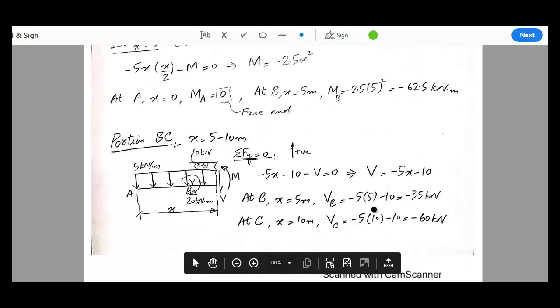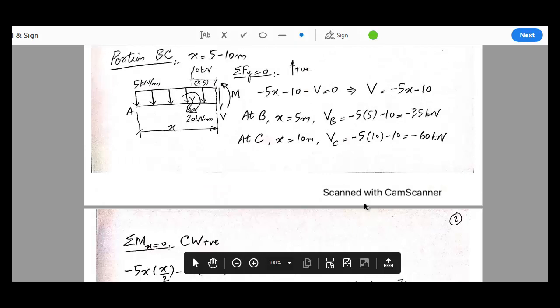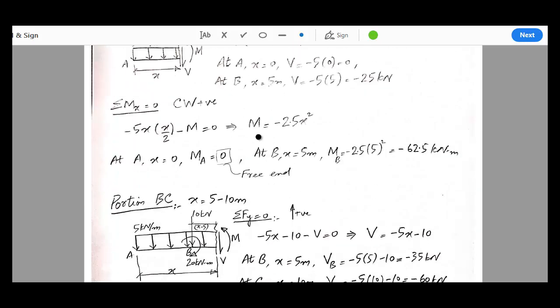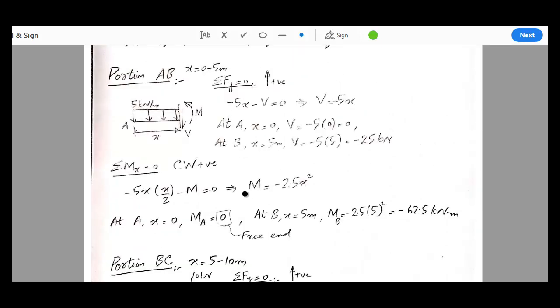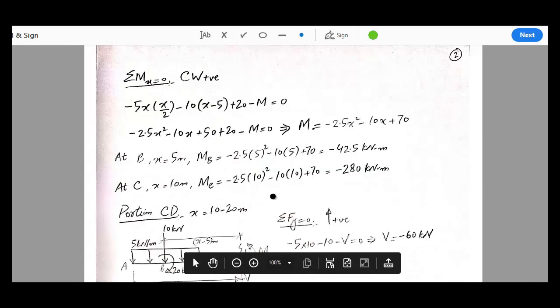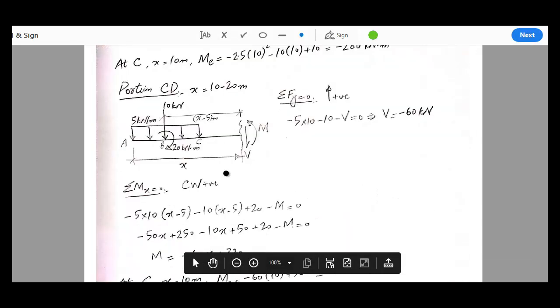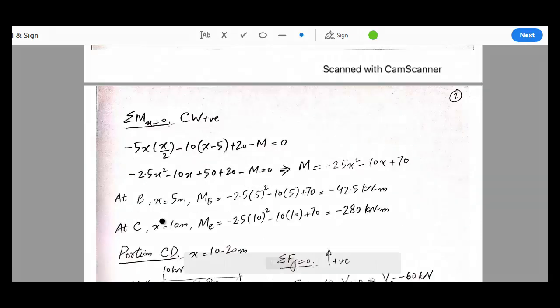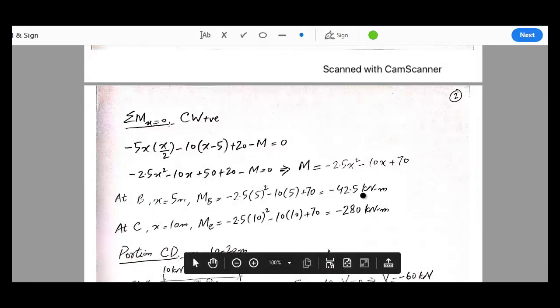Another thing: at point B we have a point moment. So for point B, we should have two different values of moment, from the AB side and from the BC side. We should also verify that. For portion AB, MB is minus 62.5, and for portion BC, MB is equal to minus 42.5 kilonewton meter.